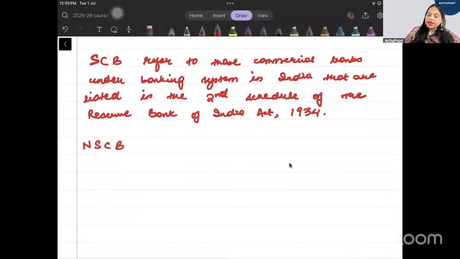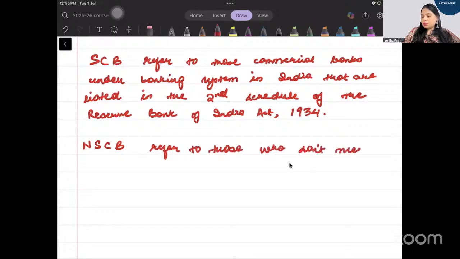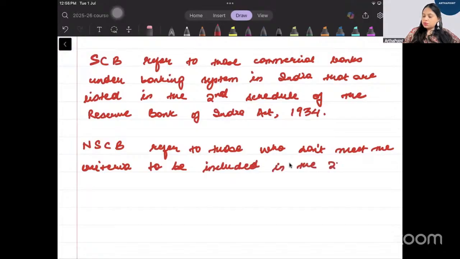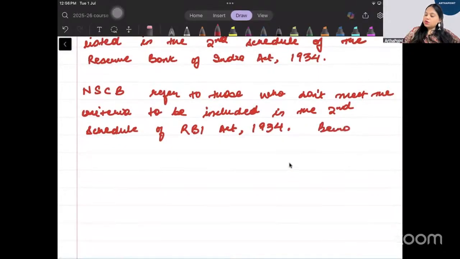Non-scheduled commercial bank, NSCB, refer to those who don't meet the criteria to be included in the second schedule of RBI Act 1934, right?